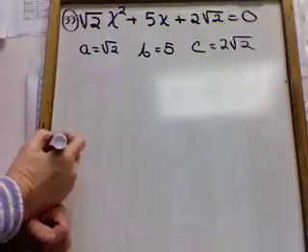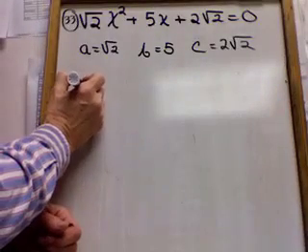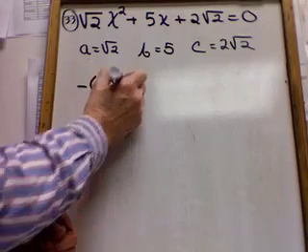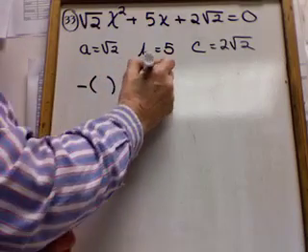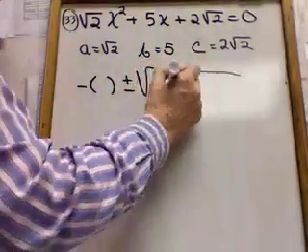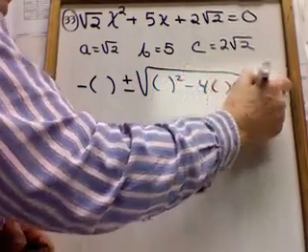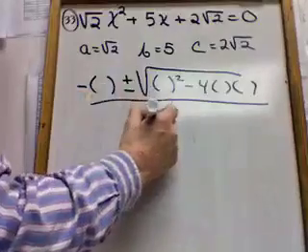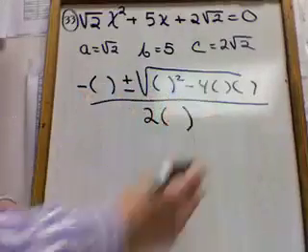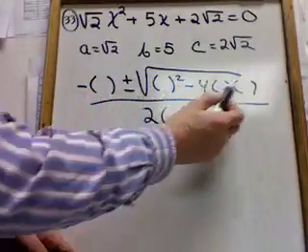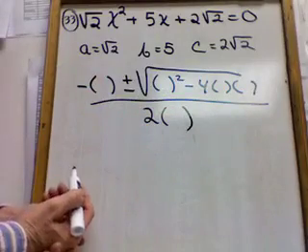Now, to solve using the quadratic formula, it's minus b plus or minus the square root of b squared minus 4 times a times c all over 2a. I usually write the quadratic formula with the parentheses first, and then I plug in my values.